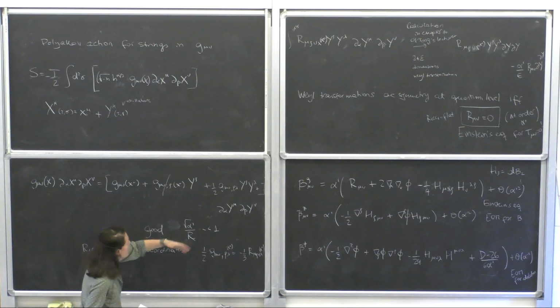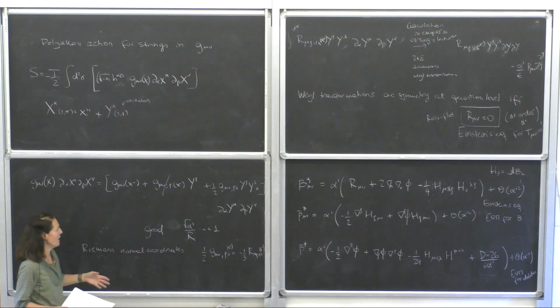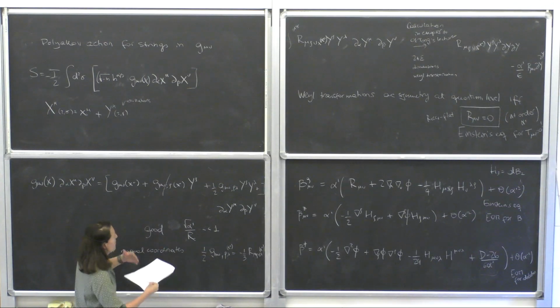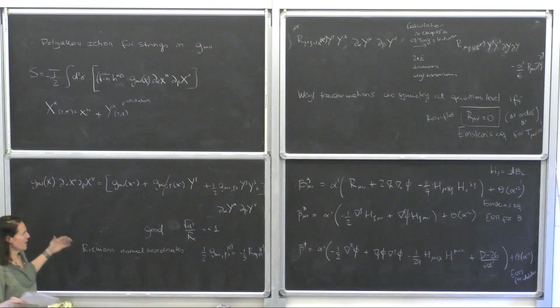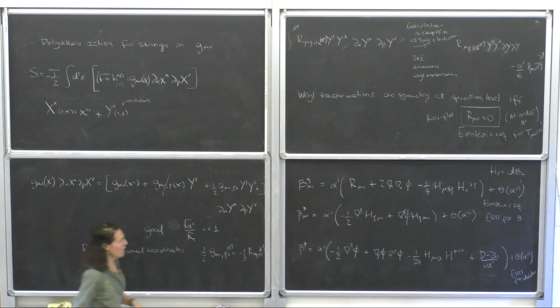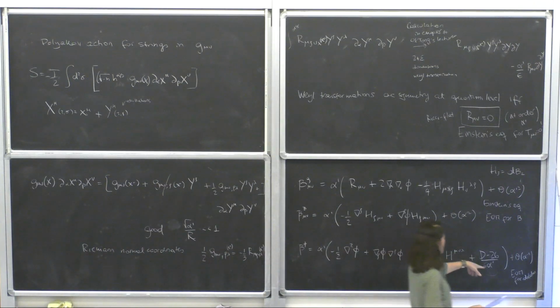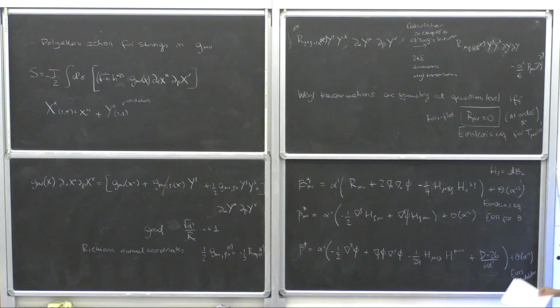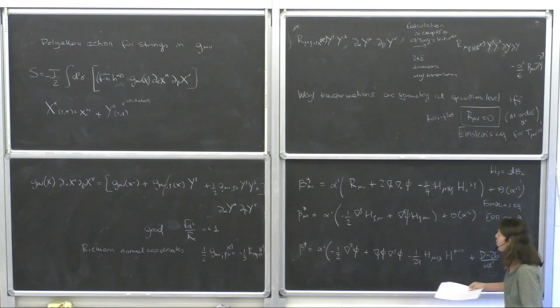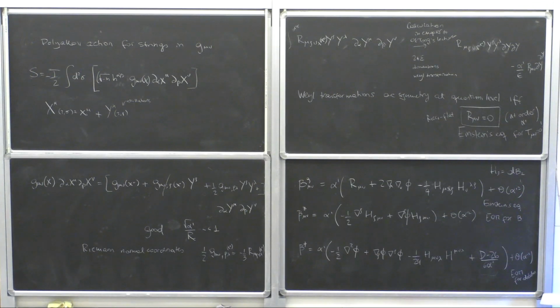So this expansion makes sense where everything varies on a scale that is much larger than the string scale. So if this is not equal to 26, which is called the critical dimension, there are solutions which are fine. So d equals 26 is called the critical dimension.